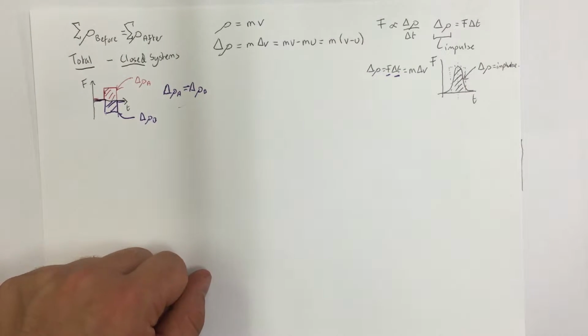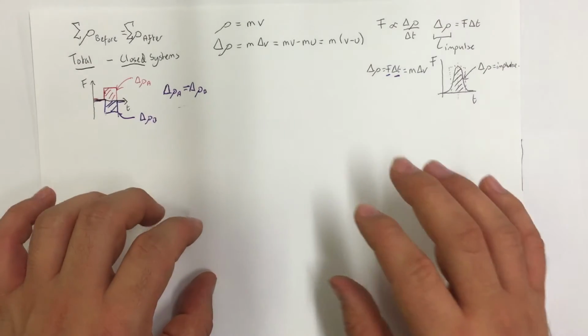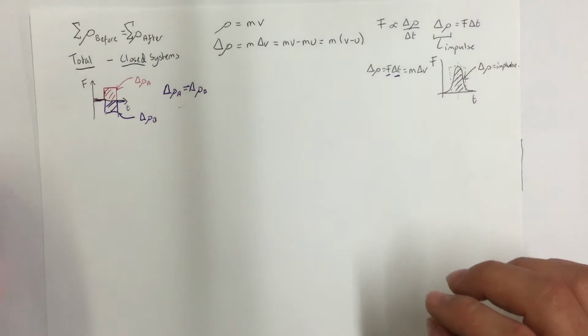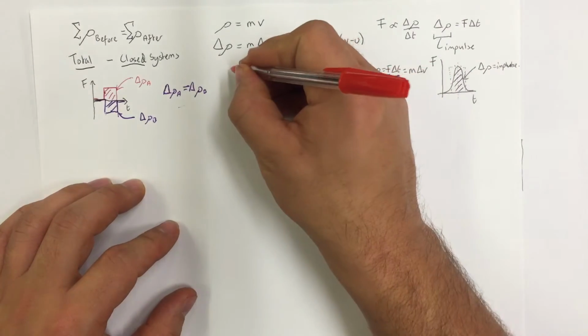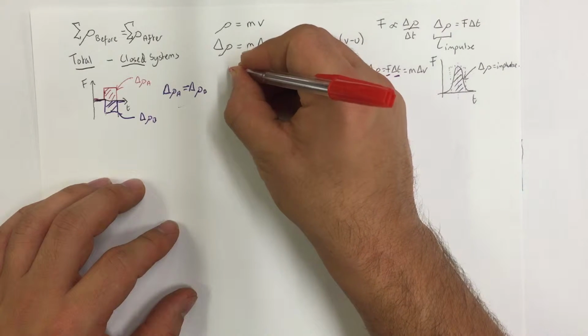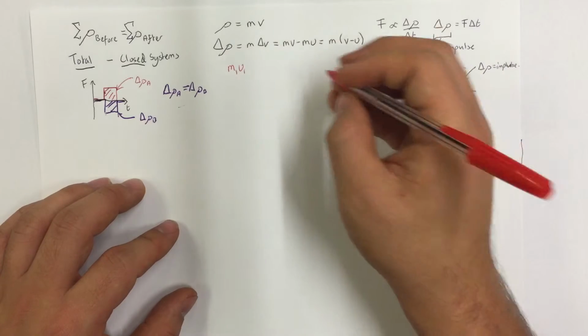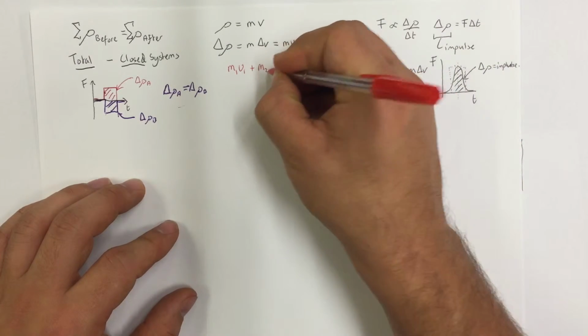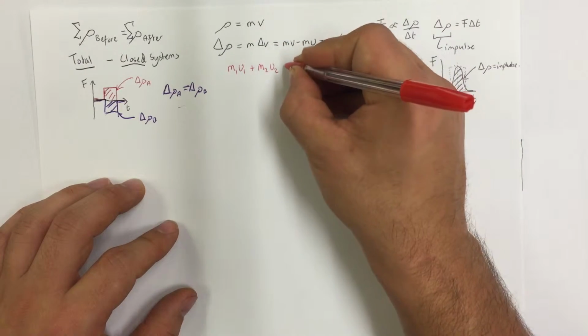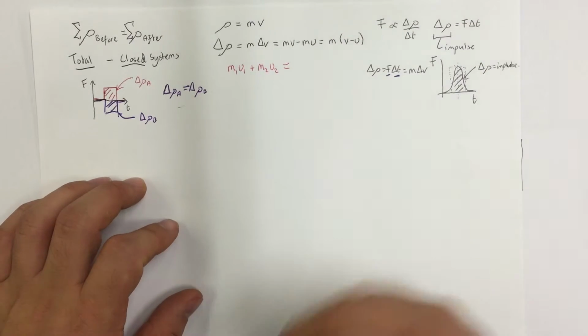Now, if we look at situations where we have collisions, then there are three possibilities that we could have. So the first is that I have two objects that are going to collide with each other, m1, which will have its initial velocity u1, and m2, which will have its initial velocity u2, and they will collide with each other and then bounce off.